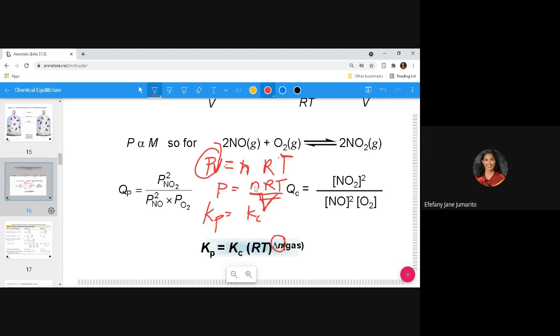The unit of n is your mole, then we have volume, which is liters. So we have a concentration there. So also a concentration, n over V is equal to, ano?